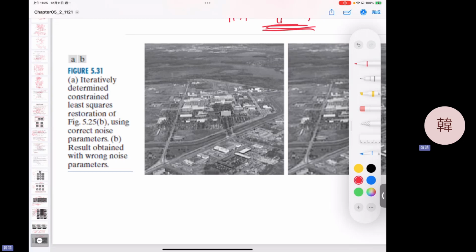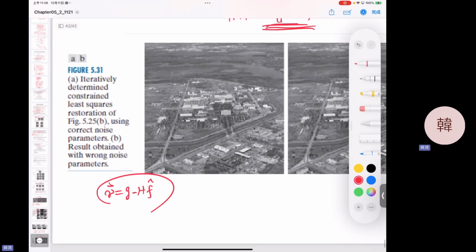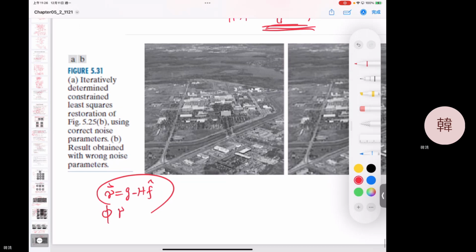If you define your iteration by the vector r equals g minus Hf, what's that? It's supposed to be eta, right? It's supposed to be your noise, right? So the textbook can tell you if we define a new function, gamma of this one equal to this one, okay, it's more computation there.